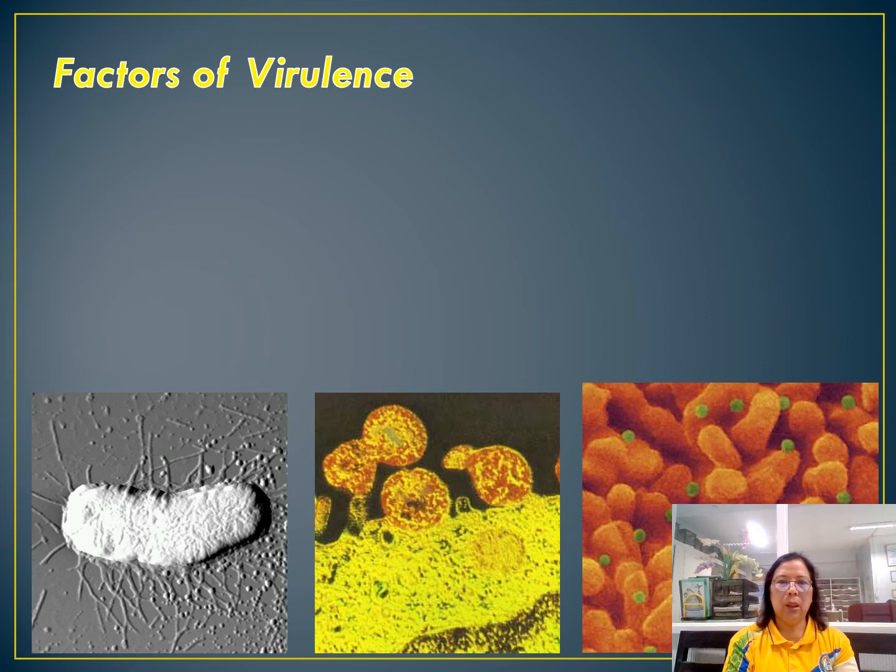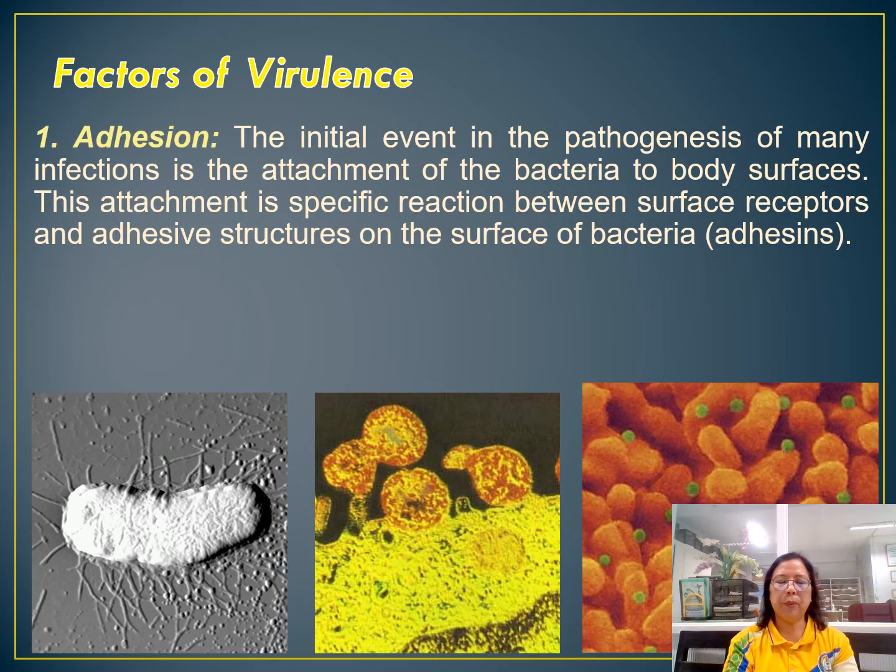Okay, let's go specific to virulence. What are the factors of virulence? There should be adhesion. There should be an entry. There should be a point of entry because adhesion is the initial event in the pathogenesis of many infections.